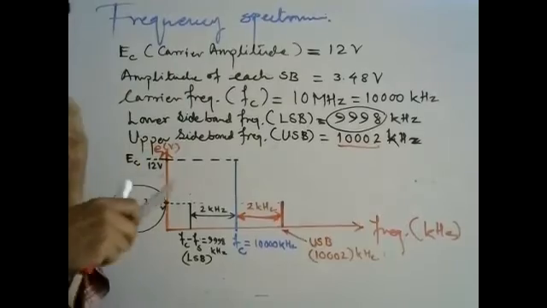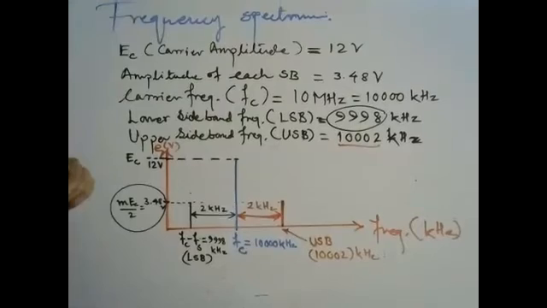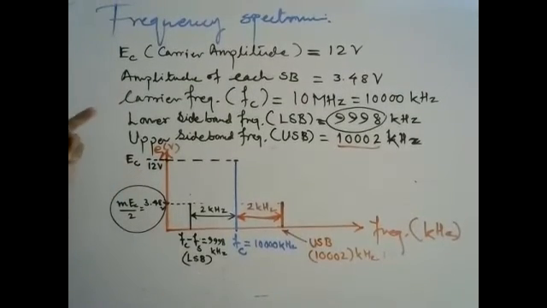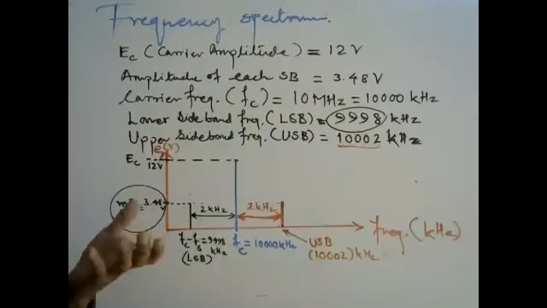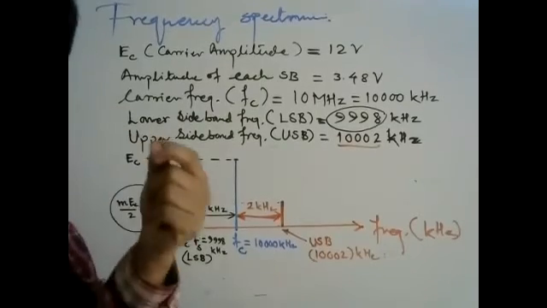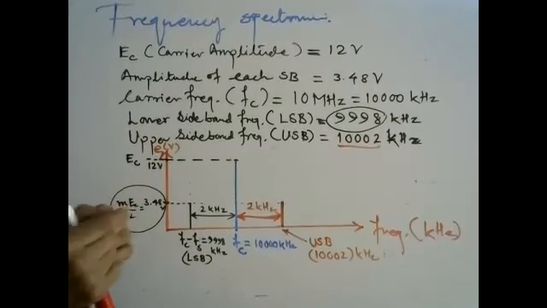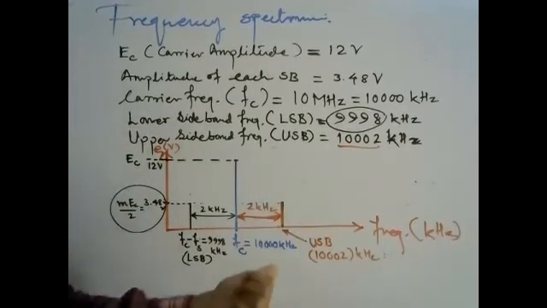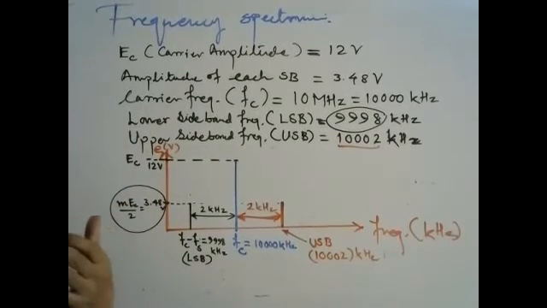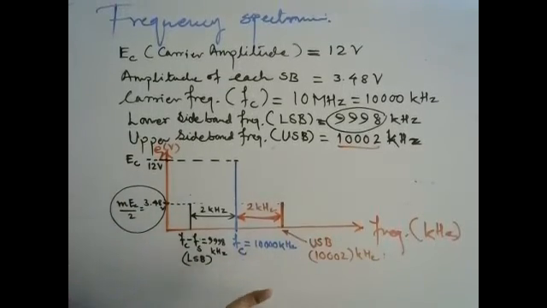That is, the carrier frequency with amplitude 12 volt, and the amplitude of each sideband, represented here by LSB. The formula for the lower sideband frequency is FC minus signal frequency Fs. To find the upper sideband, add the signal frequency Fs to the carrier frequency. This is the frequency spectra, the graphical behavior of amplitude, measured in volts, against frequency, here in kilohertz.